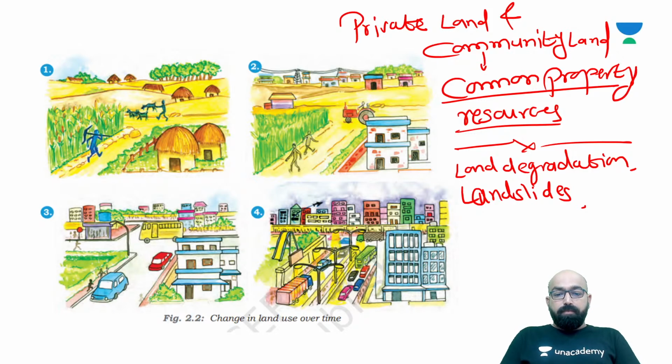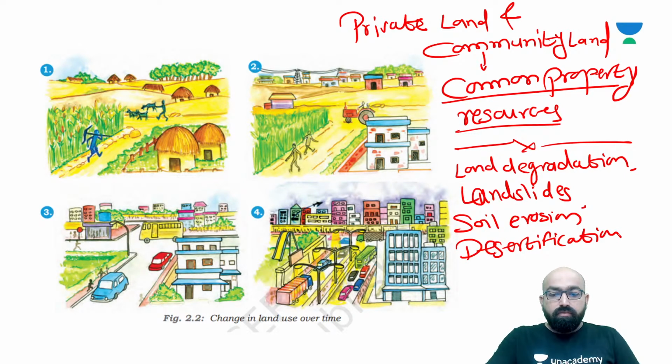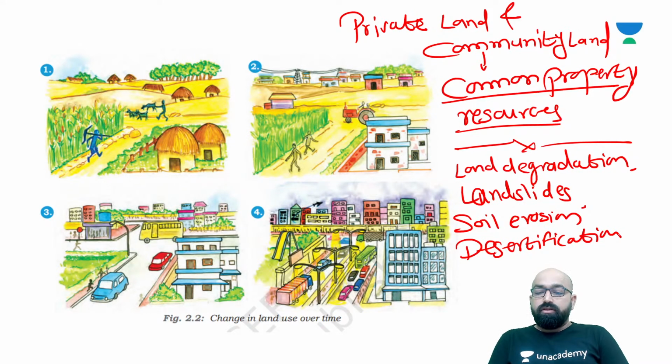So these are the major threats to the environment because of the expansion of agriculture and construction activities.